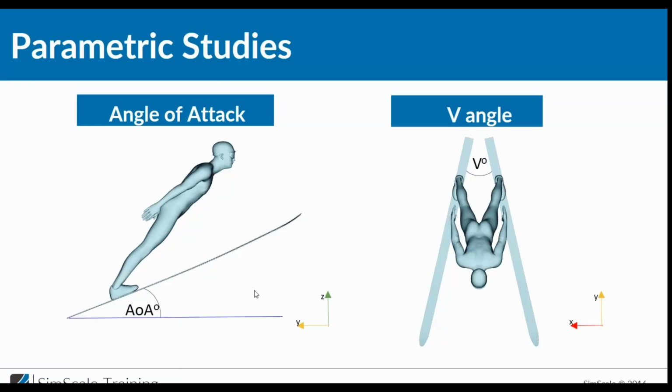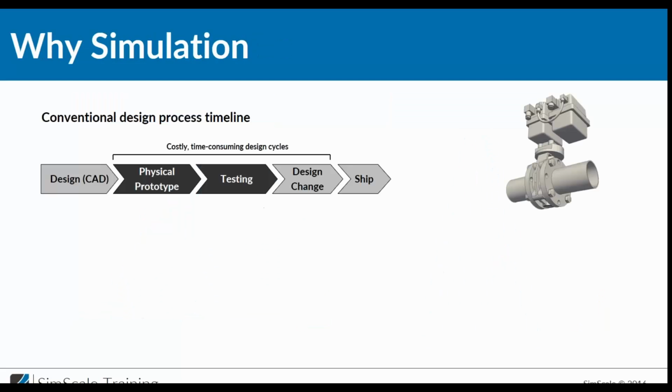So first of all, I would like to talk with you about simulation, because we used simulation to create these parametric studies, and I think this is a very good example of the advantage of simulation. If you take a look at the conventional design process timeline, you have to design your model, build the prototype, test it, and then you can make design changes and try to improve it.